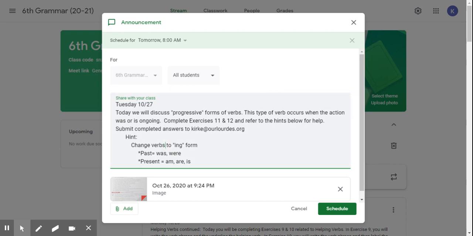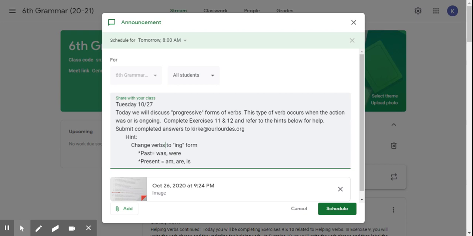So, first thing to look at the hint here. Whenever you do past progressive or present progressive forms, you have two parts. One of them right here is the ing part, and the second part is to determine the past or present word that's going to go in front of it.